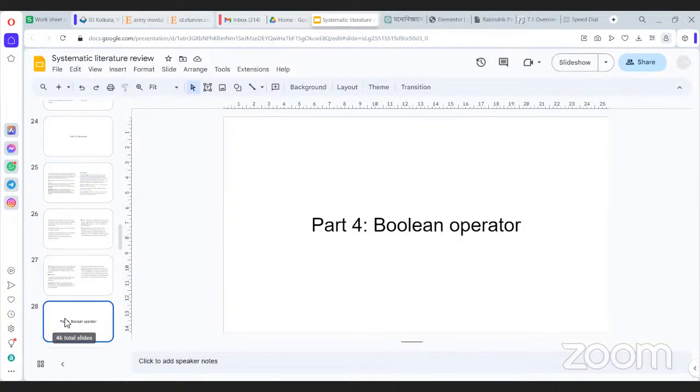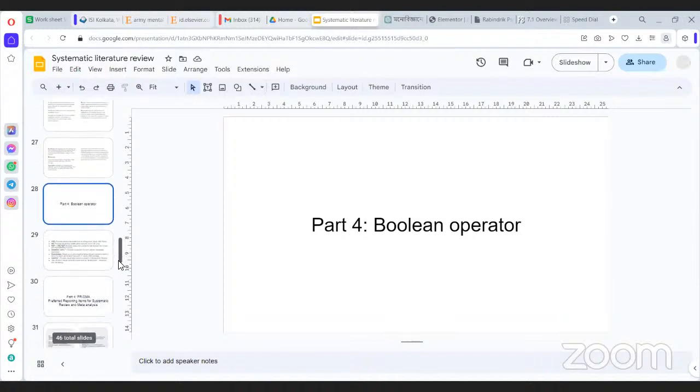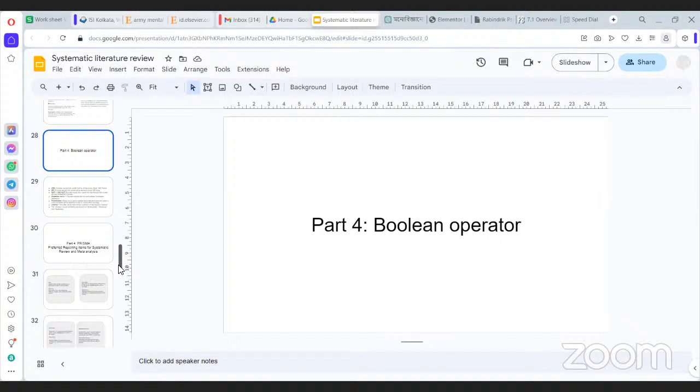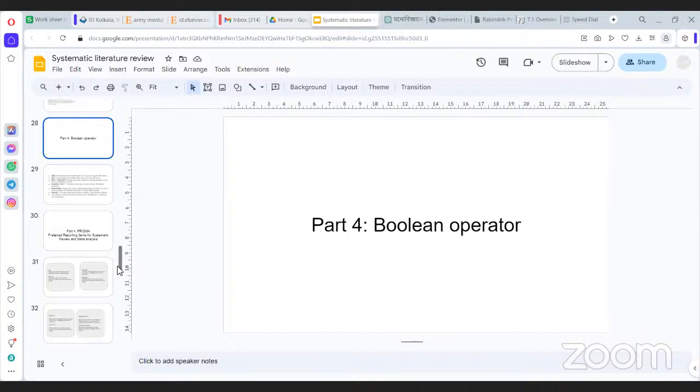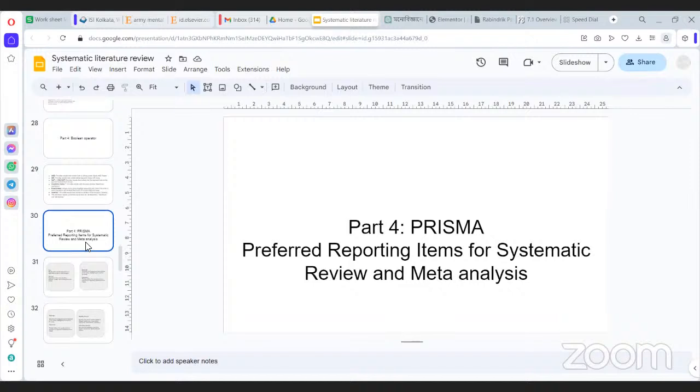And sir, what is mentioned about the data extraction form and all? Data extraction form, that is possible. If you have any particular software, then you can submit that one. Is there any particular software available? Yes, software is available. So, sir, can we get the names of those? Yeah, I will tell you. Okay, sir.